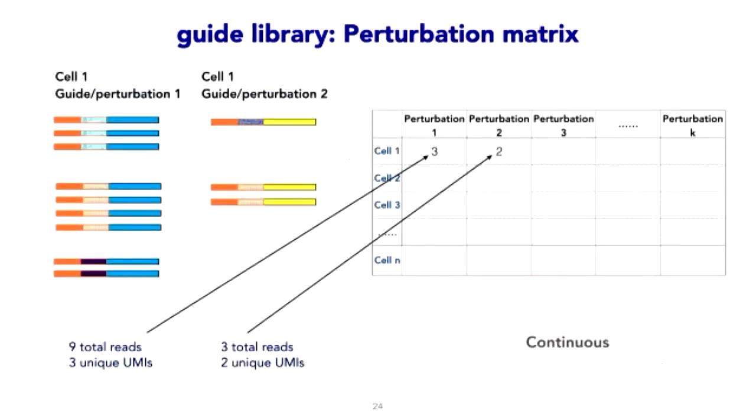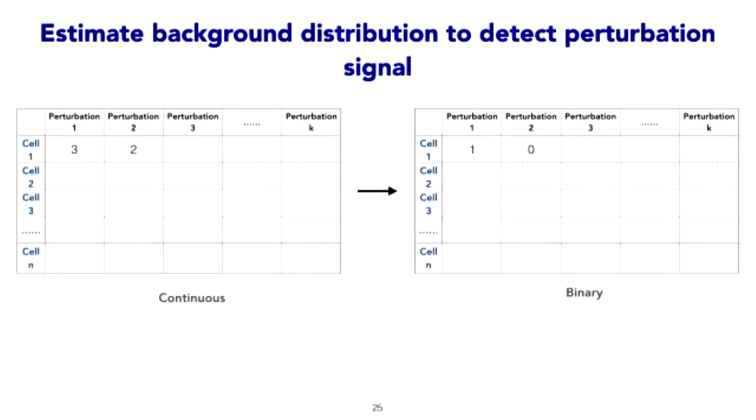And then we have a guide library, which gives us the perturbation matrix, where for each cell, we know the number of unique molecule identifiers that captured a guide sequence or a guide identifier. Now, at this stage, it's still a continuous valued matrix because you capture the number of unique molecule identifiers. But usually what we really care about is whether a cell has a certain guide or not. So we want to convert that into a binary matrix.